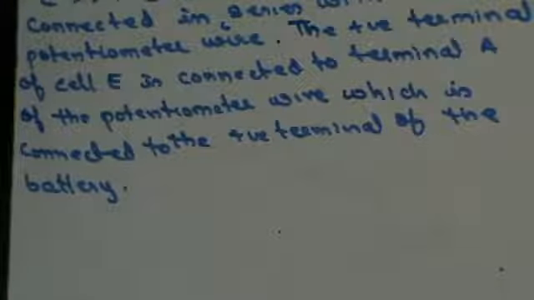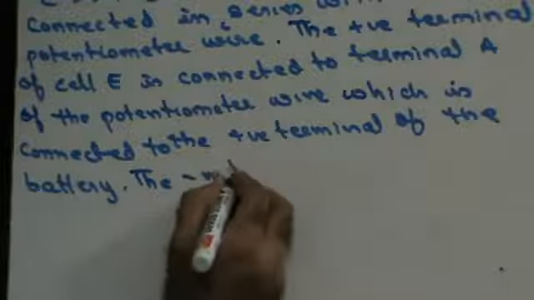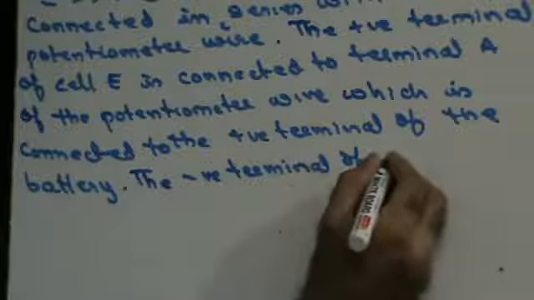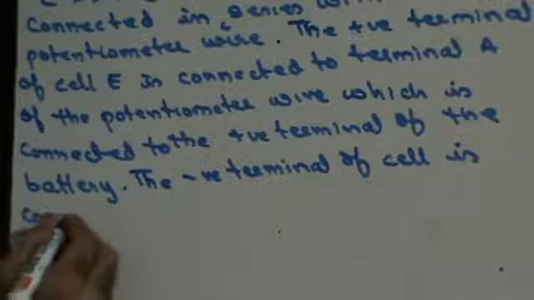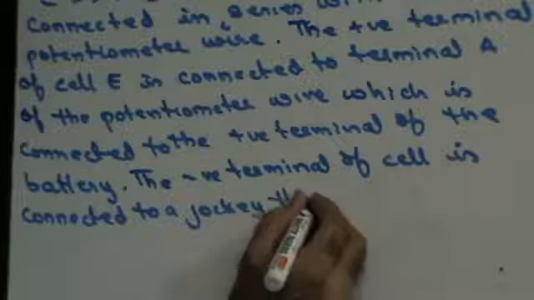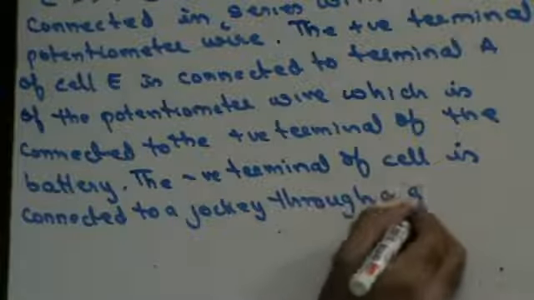Right, now let's move on ahead. The negative terminal of cell E is connected to a jockey through a galvanometer.